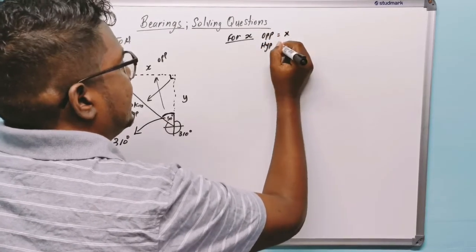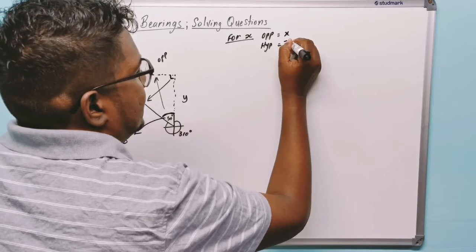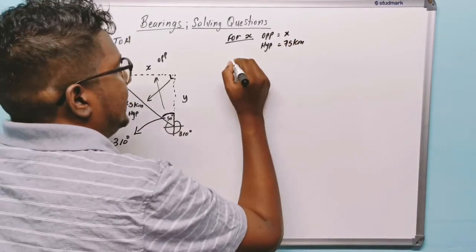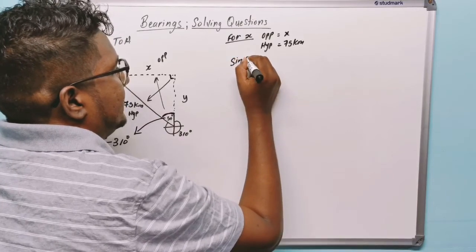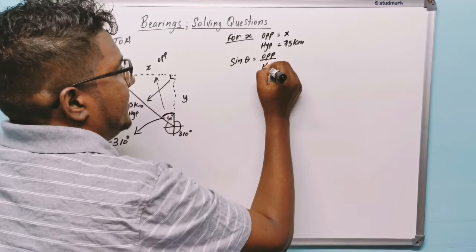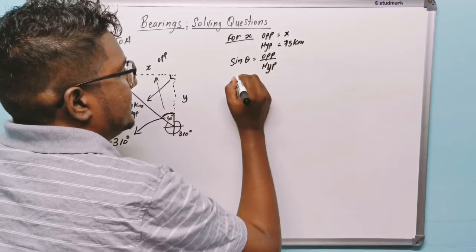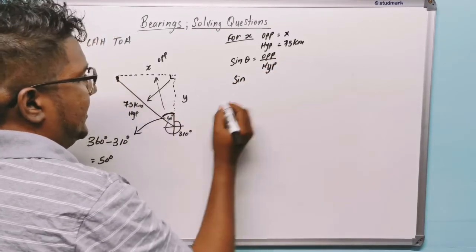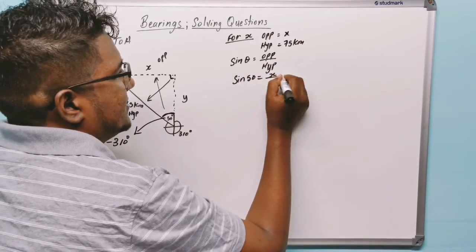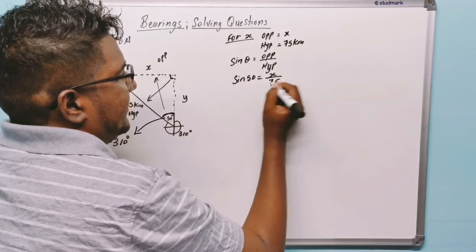Opposite is x and the hypotenuse is 75 km, and this is sine. So we say sine theta is equal to opposite over hypotenuse. Sine theta, the angle, which is 50, is equal to the opposite side, which is x, over 75.